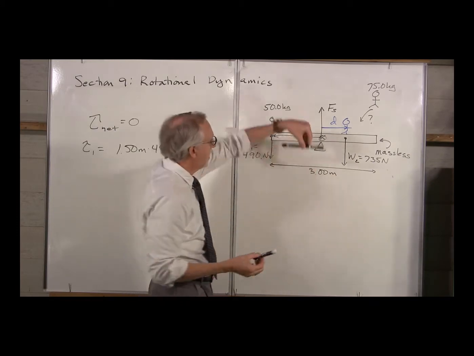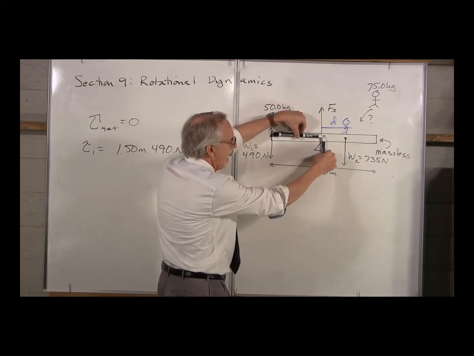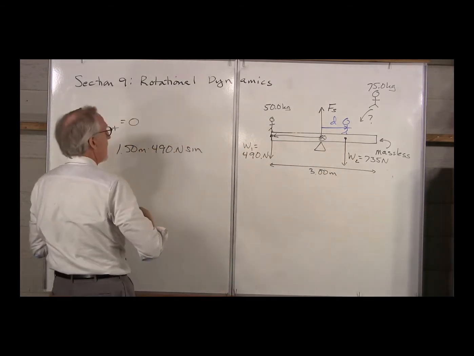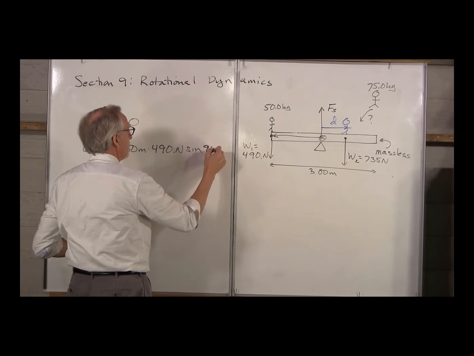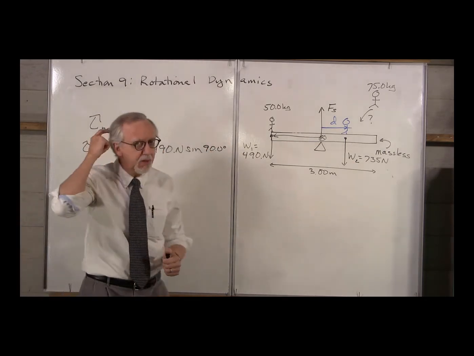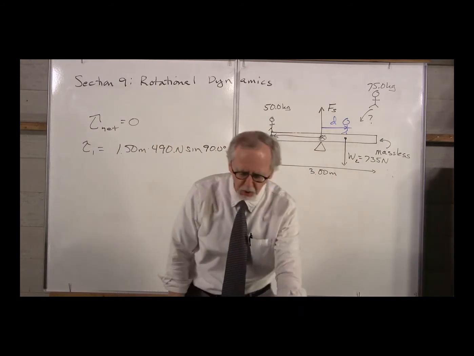Put them tail to tail. So here's R, here's F. Move it tail to tail. The angle between them is 90 degrees. Sine 90 degrees. Very good.